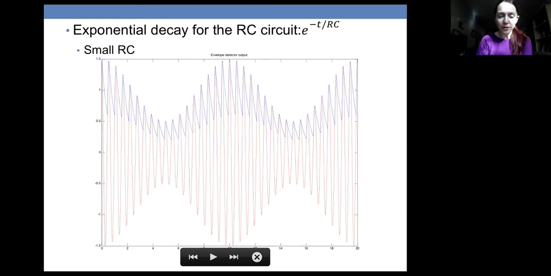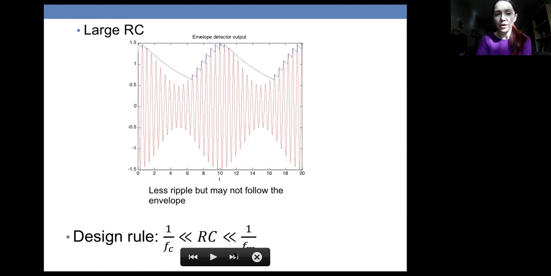We talked about this already. RC controls the exponential decay. So R times C is a time constant. And small RC, as I said, results in a lot of ripple. Large RC results in a failure to follow the envelope.